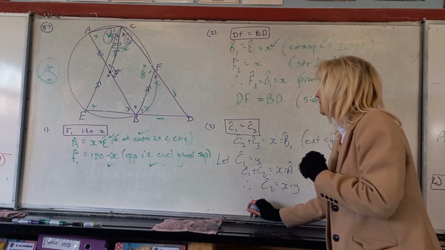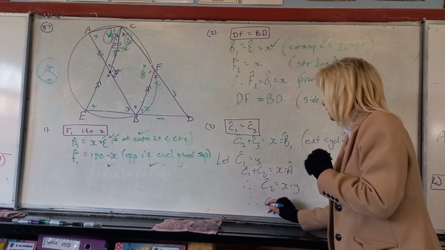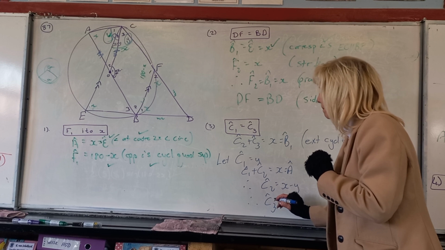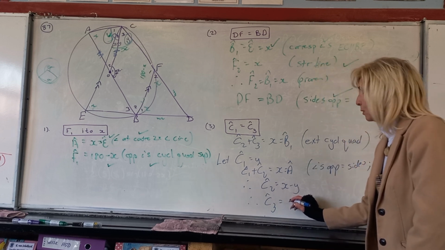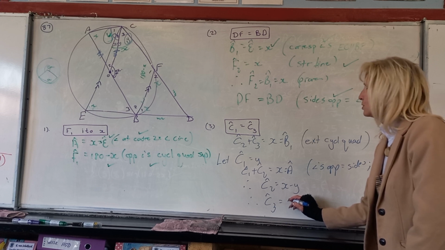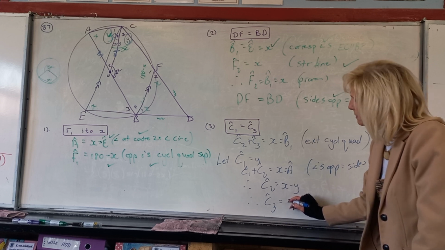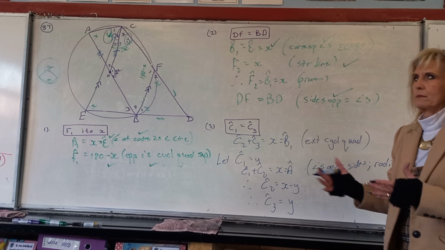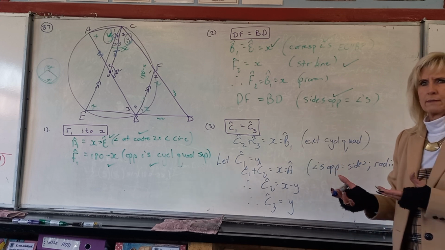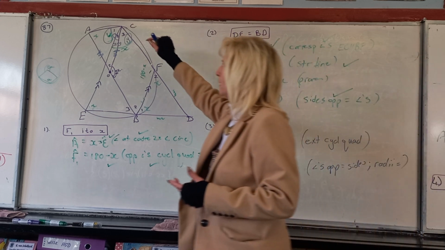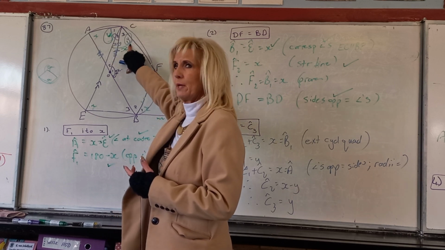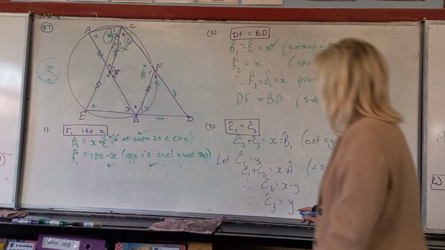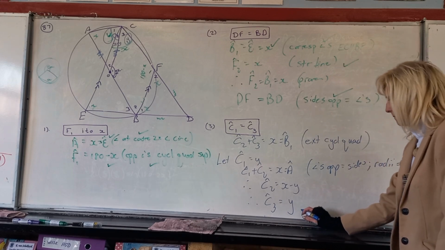And then we can say, and therefore, C3 would be equal to, well, we've got to say first that it was equal to x, right? Y. Again, y. Logic, because I've got the y and I've got the x minus y, so therefore that piece there should be just y. So therefore, again, no reason.